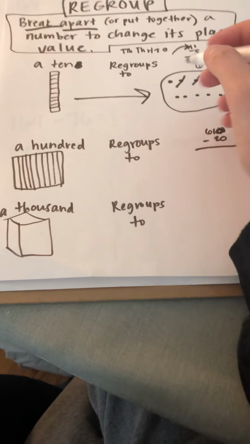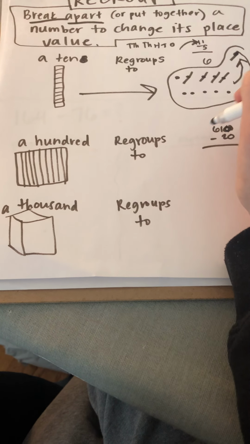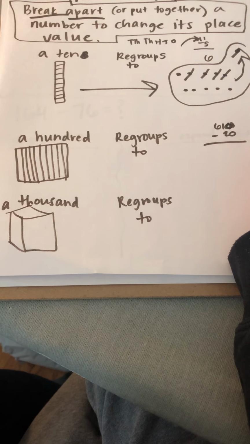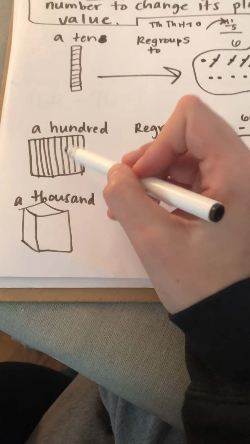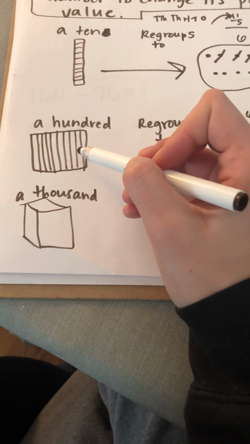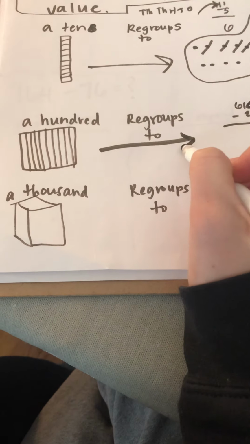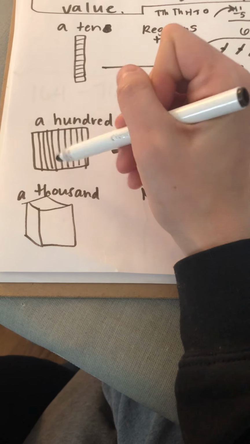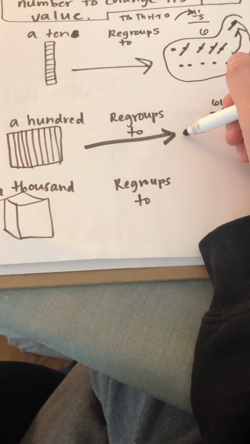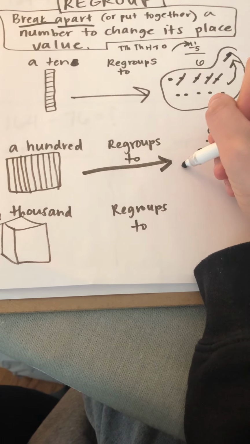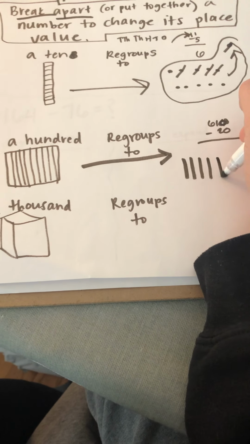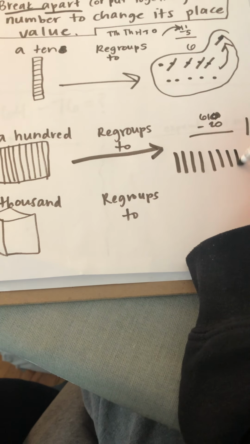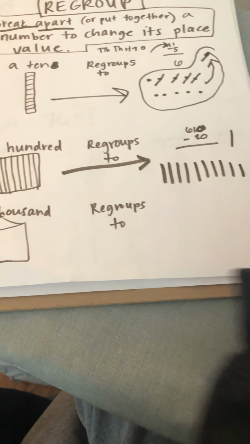So the tens place will regroup from the next place value, which is the hundreds place. When we take a 100 block and break it apart, it's really made of 10 10 sticks. So you can break 100 apart to regroup it into 10 tens.